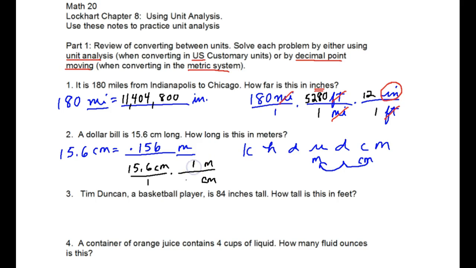So 1 meter is 100 centimeters. I'm going to cross-cancel my centimeters. I'll multiply the top, multiply the bottom, and you end up taking 15.6 and dividing it by 100. Well, that's moving the decimal point 2 spots to the left, isn't it?